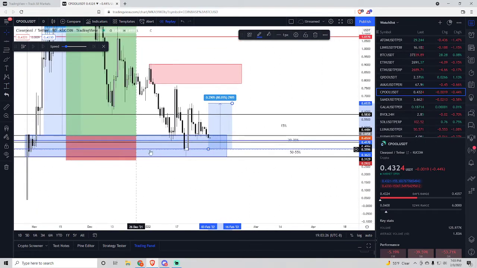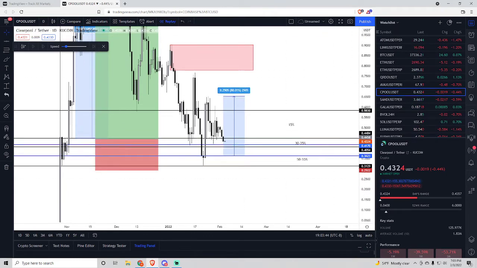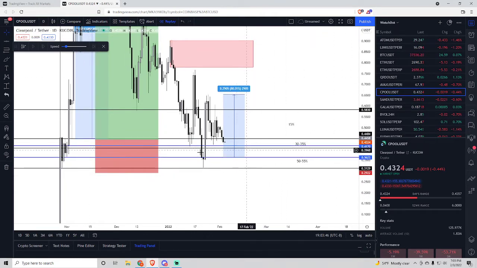This bid or this zone is now no longer valid. How do you tackle this now? If the zone is no longer valid and 50% of it has been filled, you're going to remove your zone, and now you're just going to be using your support lines. So this one, because it's a daily, right?